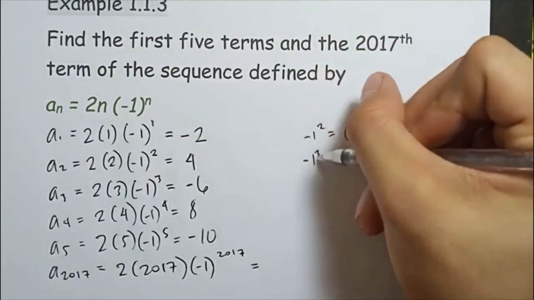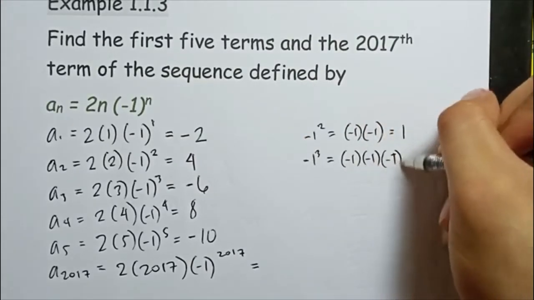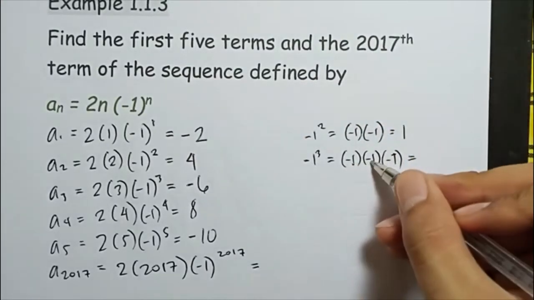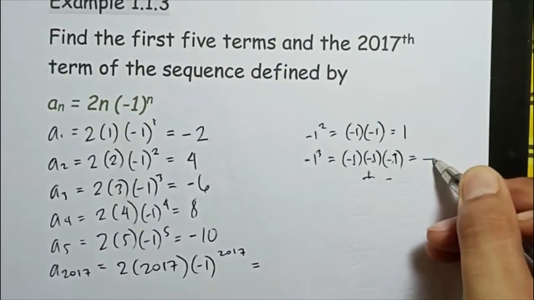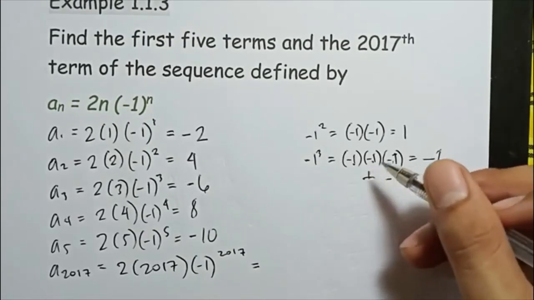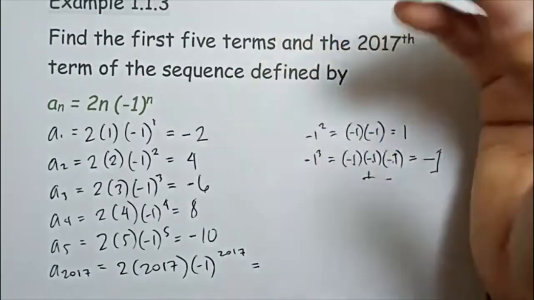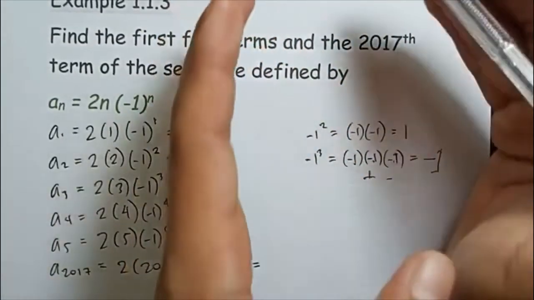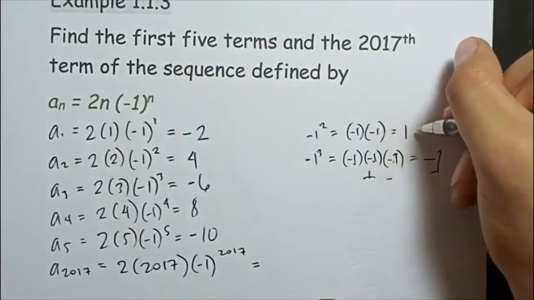Then, kapag negative 1 cubed, nagiging negative 1 times negative 1 times negative 1. So, negative times negative, positive. Times negative, negative 1. Tama? Basta even yung exponent, kapag negative yung naka-raise sa exponent, kapag even ang exponent, lagi yung positive.